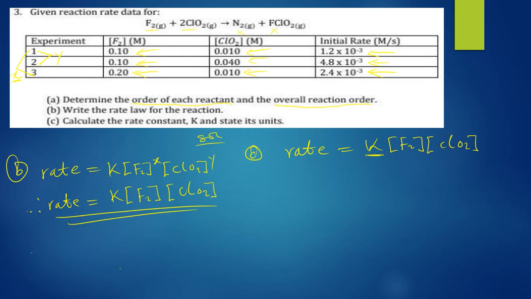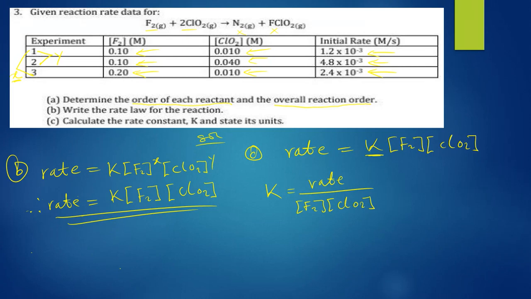So you can make this rate constant k the subject of the formula by dividing the concentrations both sides. Once you divide, you're going to have your rate constant k to be rate over the concentration of fluorine and chlorine dioxide, like that.